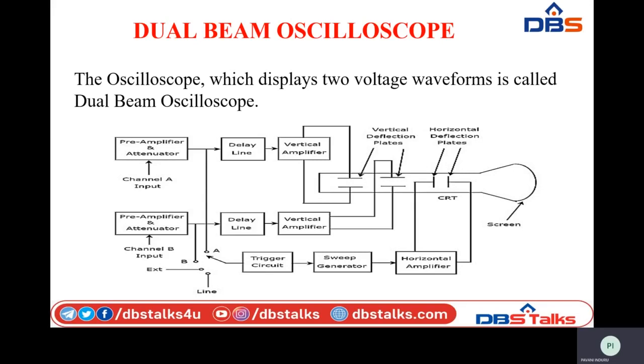That is the advantage of the dual beam oscilloscope. So mainly the dual beam oscilloscope is used for the display of two different signals and to analyze the differences between them at the same time.